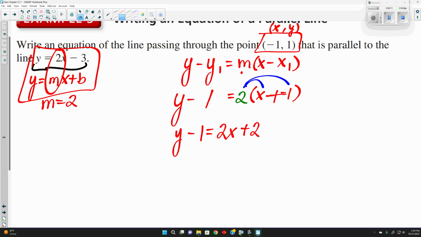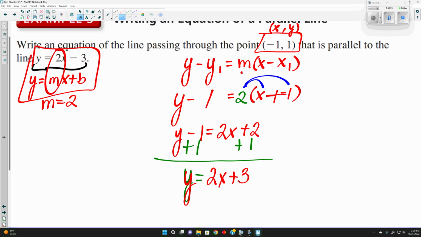Questions on this so far? Is y by itself? So what do we need to do? y is equal to 2x plus 3. That's it. That is it.